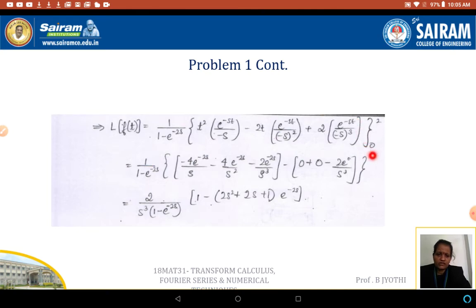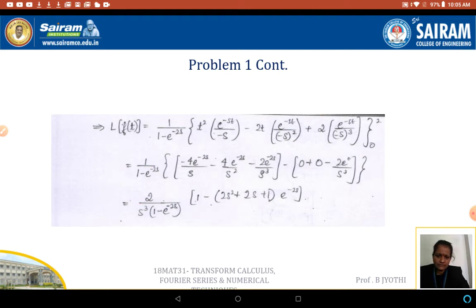Now when we substitute the lower limit, for the first one it will be 0, for the second one also 0, whereas for the third one it is e power minus st, where t will be 0, therefore it is minus s cube. And this is minus, and already minus is there because of the lower limit, so it will become positive. As a whole we can take the LCM, 1 upon s cube, outside.